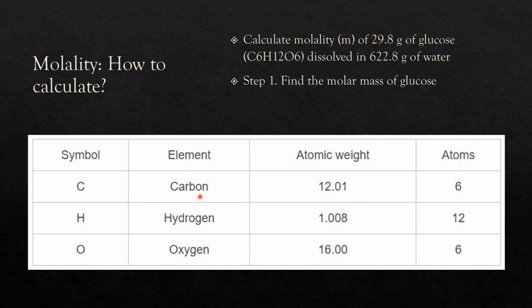Carbon has an atomic weight of 12 and there are 6 atoms. Hydrogen has an atomic weight of 1.008 and there are 12. And oxygen has an atomic weight of 16 and there are 6. Again, we can get this in our periodic table of elements.